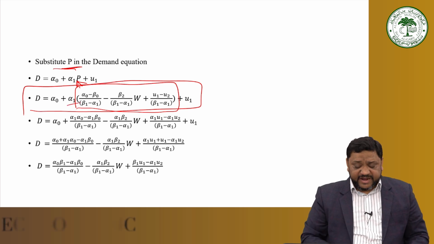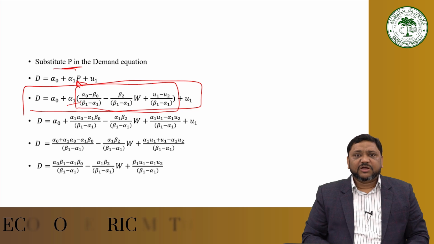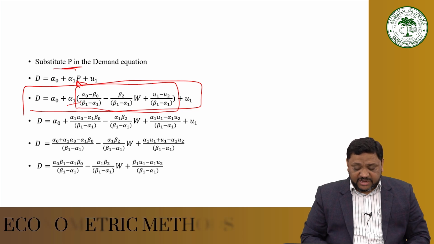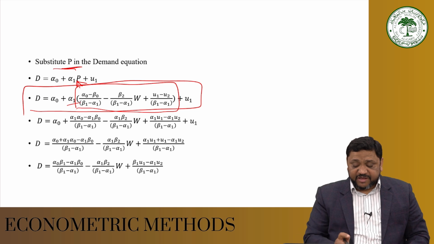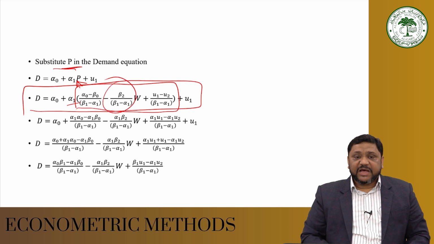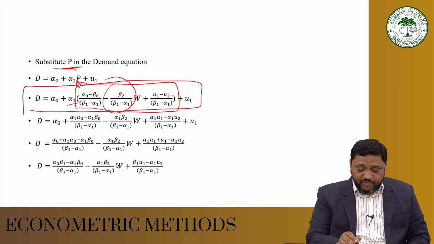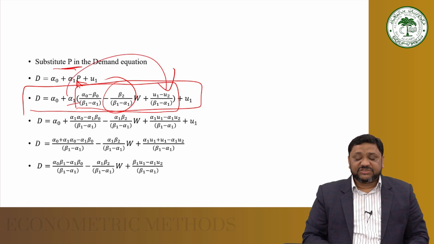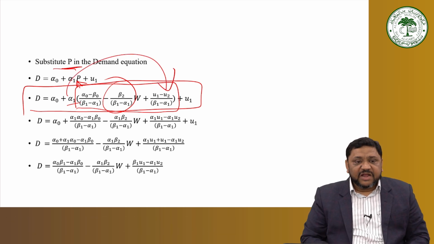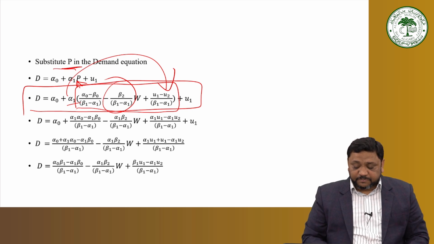Again we open the brackets, so D is equal to alpha naught plus alpha 1 alpha naught minus alpha 1 beta naught divided by beta 1 minus alpha 1. Again we multiply with this term also, alpha 1 beta 2 w divided by beta 1 minus alpha 1, and again multiplied with this term, alpha 1 u1 minus alpha 1 u2 divided by beta 1 minus alpha 1, plus u1.